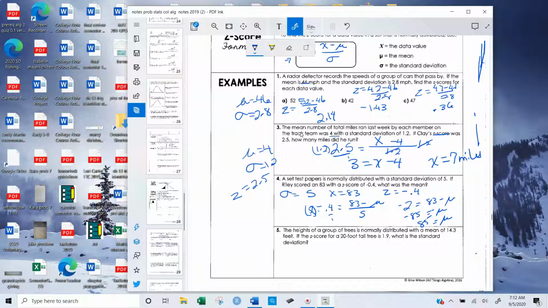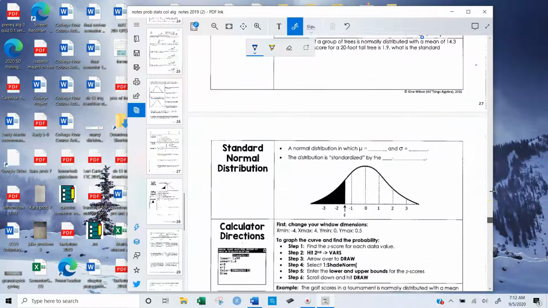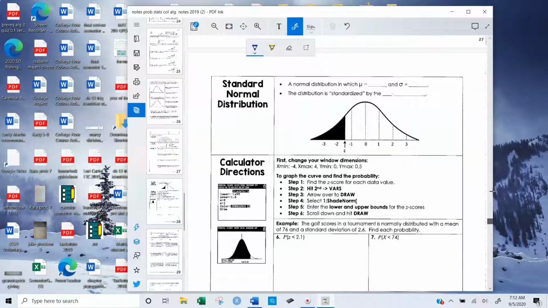So we're going to go on to the next one. And this is where I wanted to show you what you cannot do, unfortunately. This is the part you actually need a calculator for. You know a normal distribution in which mu equals 0 and your standard deviation equals 1. When that happens, you get the standard z-score, and that's when we use our calculator.